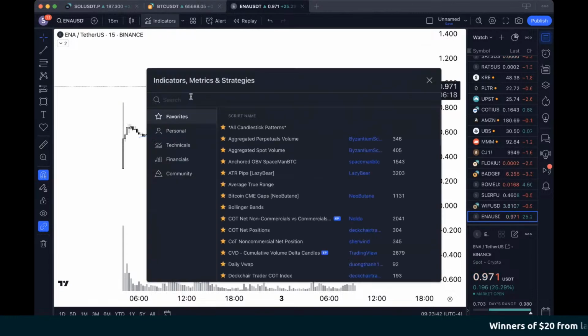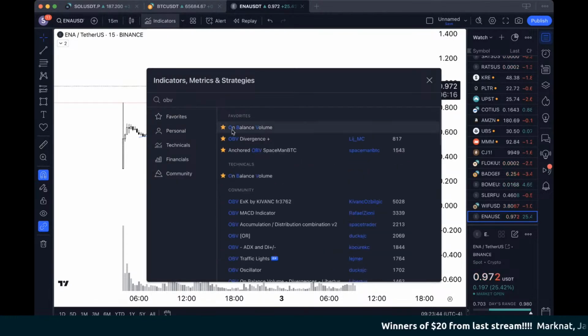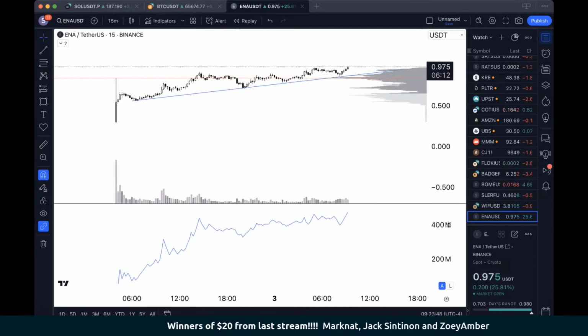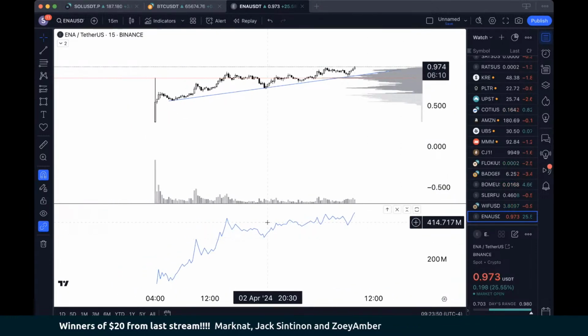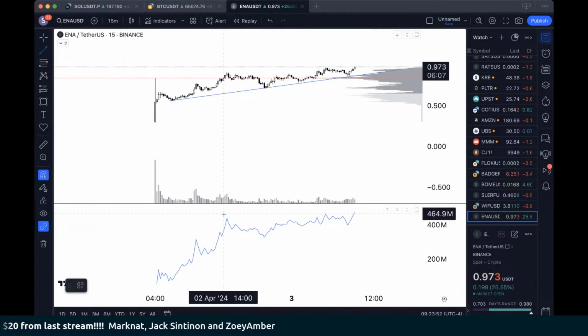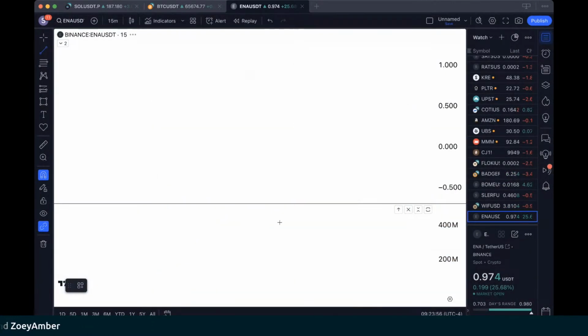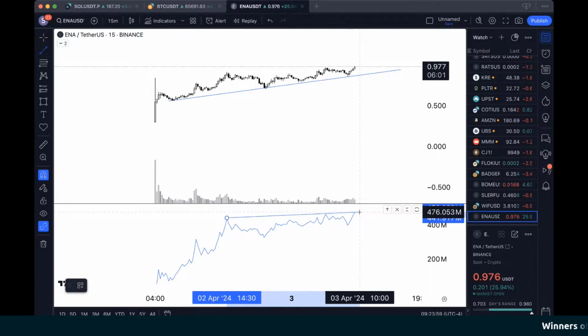One thing that I would add onto this type of chart is the OBV. You chart it the same way, right? You sort of chart this the same way.